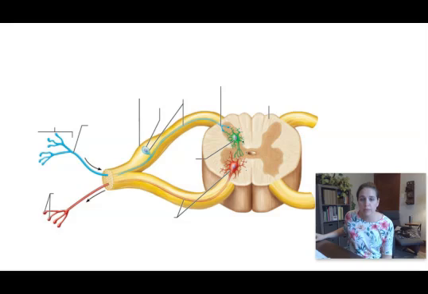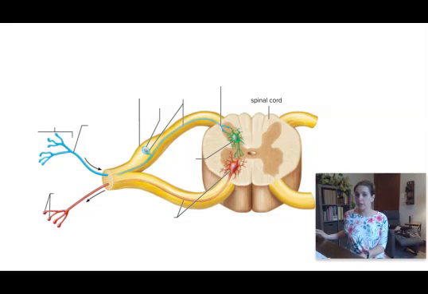This piece that's green is another type of neuron, and it's got its little dendrites and cell body, very, very short axon, and then its axon terminal. So do that one a different color. And then we've got our other one. And so you can highlight or color all of this one a different color, okay? So those are 3 different types of neurons, and it's important that you know the difference.